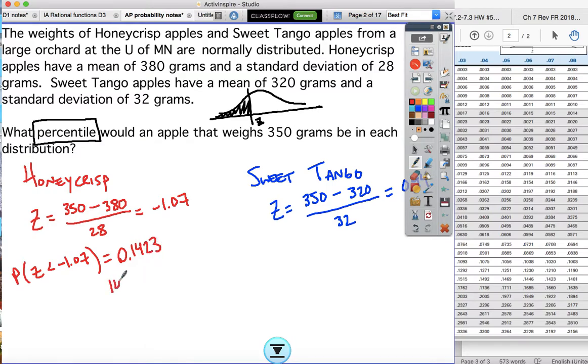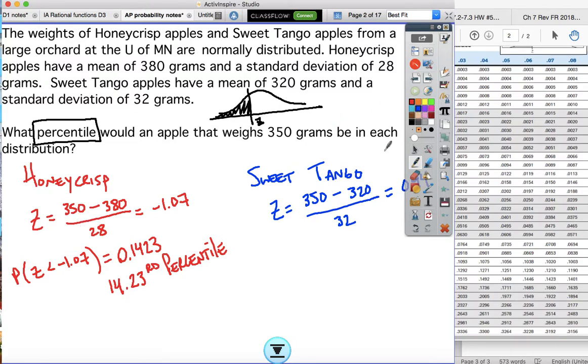So this would be in the 14.23rd percentile. So that means that 14.23% of apples weigh less than 350 grams for Honeycrisps.